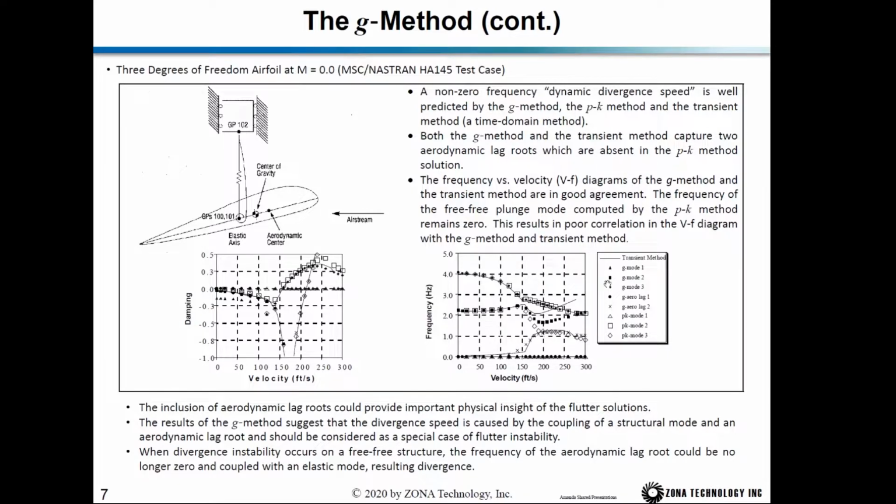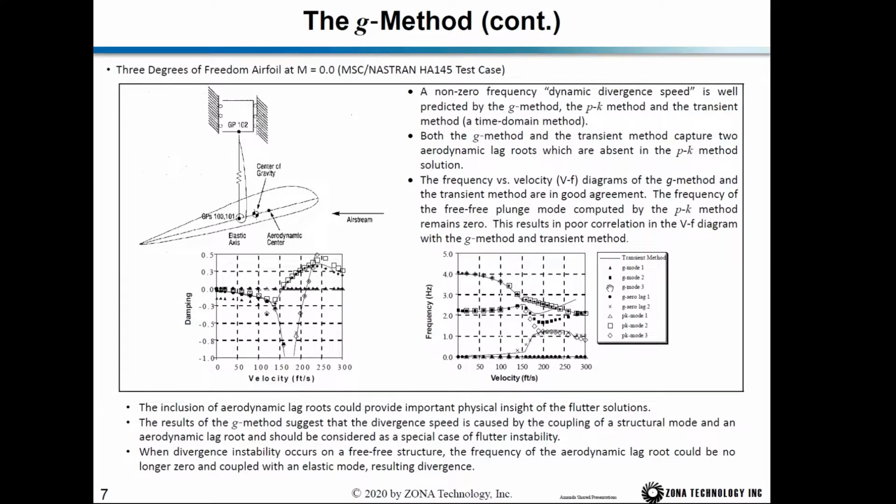The PK method solution is shown by the open symbols, and the G method solution is shown by the solid symbols, where the clouds are the aerodynamic lag roots. This is lag root 1, lag root 2, and we have 3 roots for the 3 structure modes.